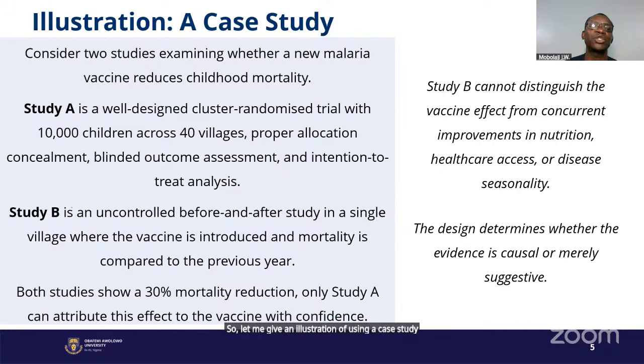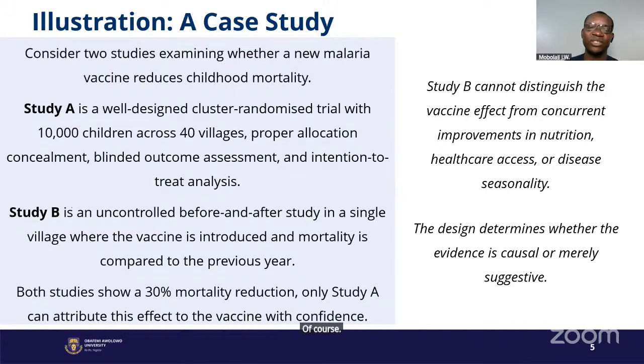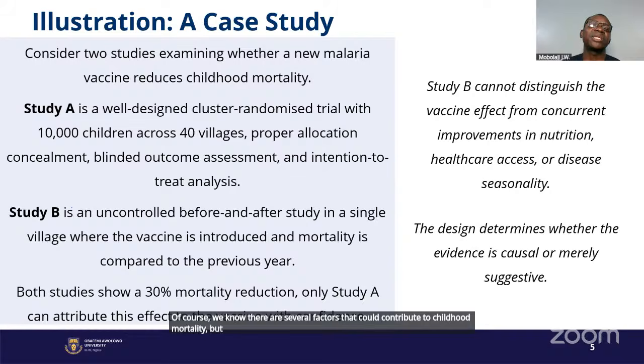So let's consider two studies that are trying to examine whether a new malaria vaccine will reduce childhood mortality. Of course, we know there are several factors that could contribute to childhood mortality, but malaria, for example, in this part of the world, is making a huge contribution to childhood mortality.